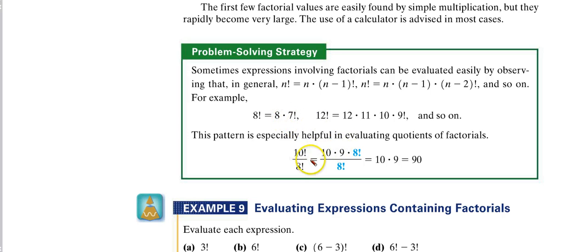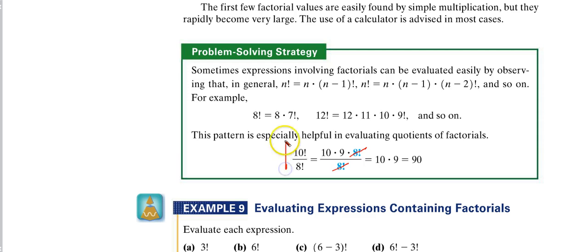So for instance, if you had something like 10 factorial divided by 8 factorial, you could put the factors 10 times 9, then 8 factorial, because now what would happen to the 8 factorials? They would cancel out, and your answer is just this.